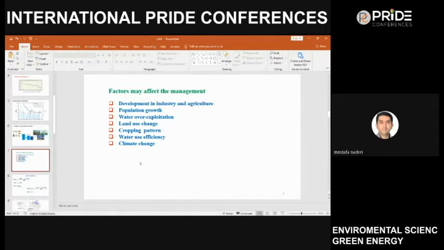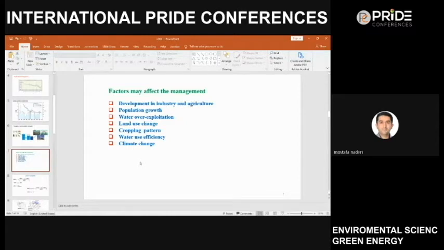But the factors that may affect the water management are development in industry and agriculture. Development in industry and agriculture increases the water demand, and so we need a larger volume of water to supply. Population growth likely increases the water demand.